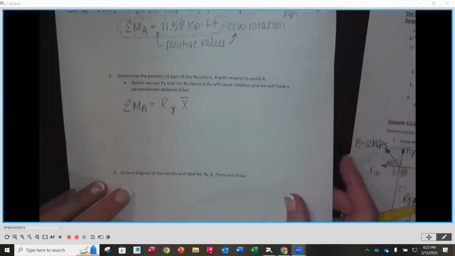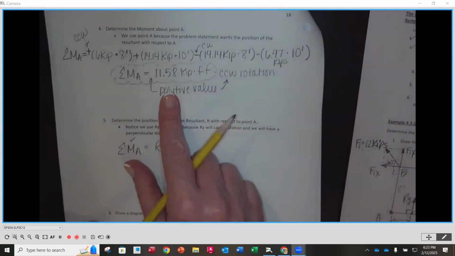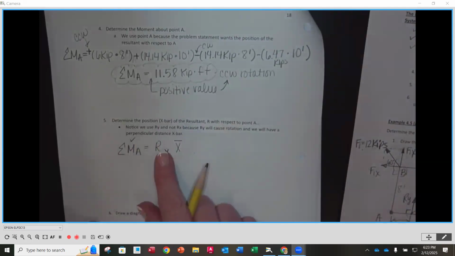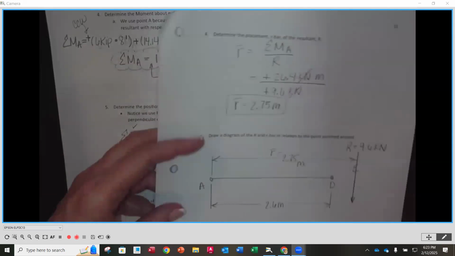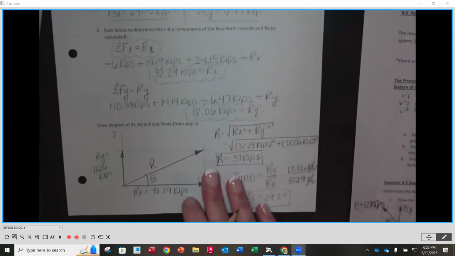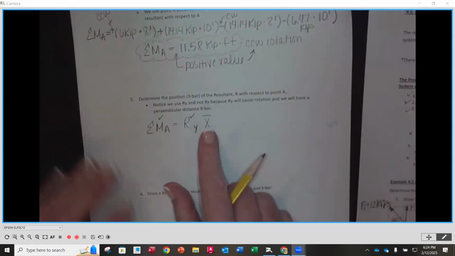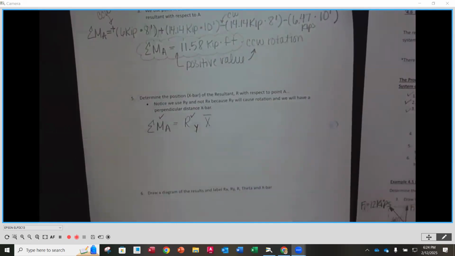So if we look here, we know the total moment about A, right? We know the resultant Y component from the previous step, page ahead. We know our resultant Y component was 18.06, right? So the only thing that we don't know here is X bar, and that is what we're trying to find, okay? So now this is an algebraic equation.